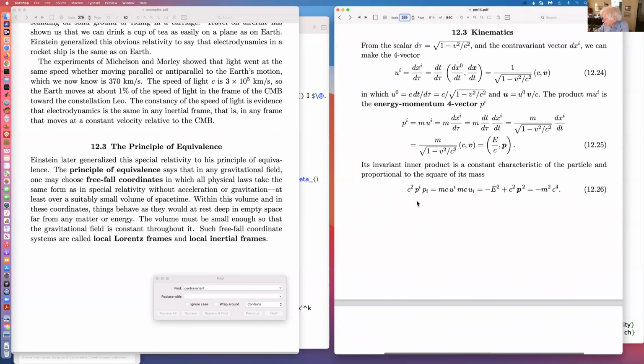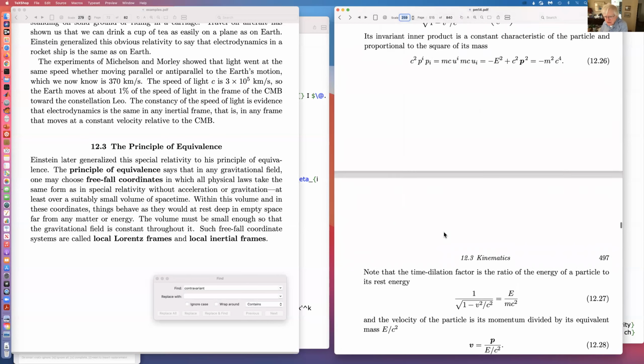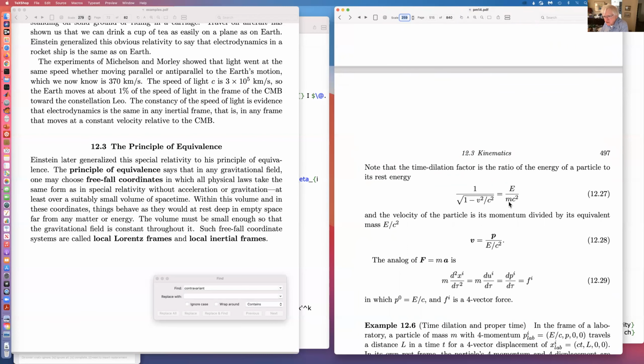The inner product of any two four vectors is an invariant. When I say inner product, I mean the inner product with one index up, one index down. What that means is that you take the dot product of the space parts and you subtract the product of the time parts. That gives you this quantity for any two four vectors. The time dilation factor turns out to be the ratio of the energy to Einstein's formula for the rest energy.